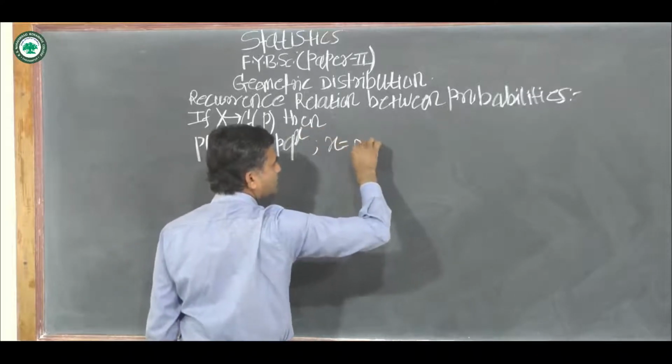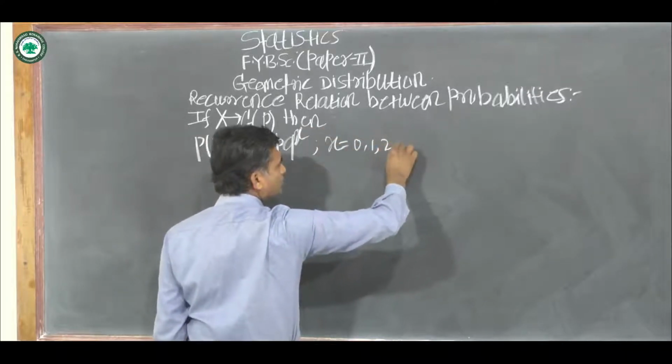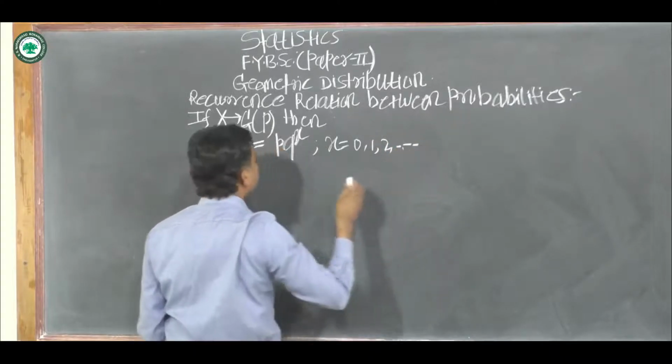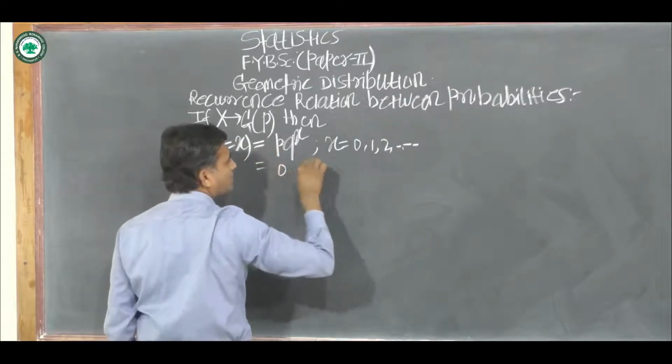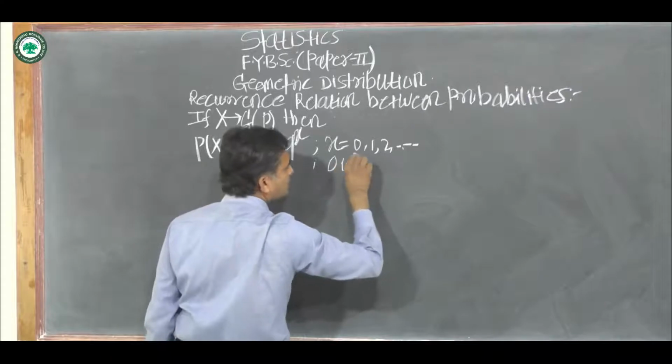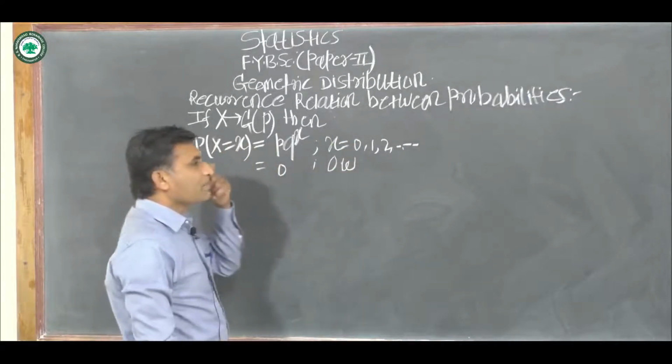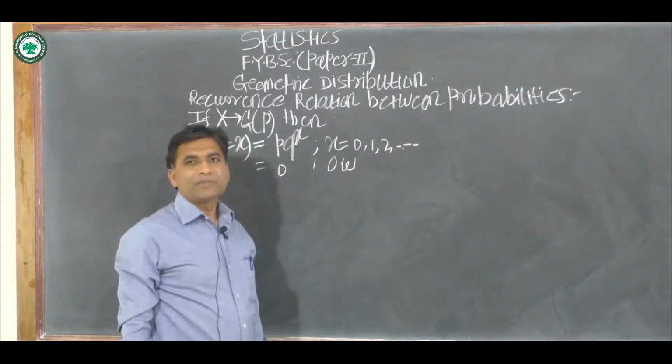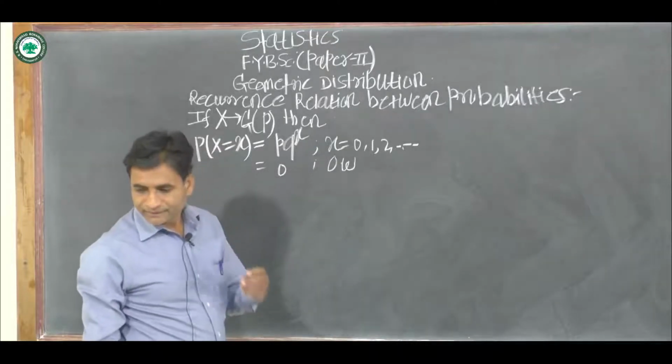X takes values 0, 1, 2, and so on, 0 otherwise. Okay, this is the probability mass function of geometric distribution.